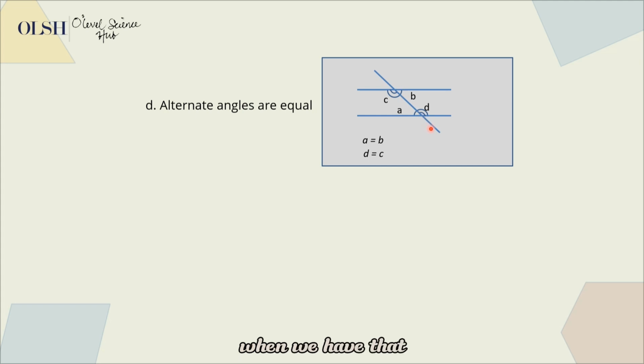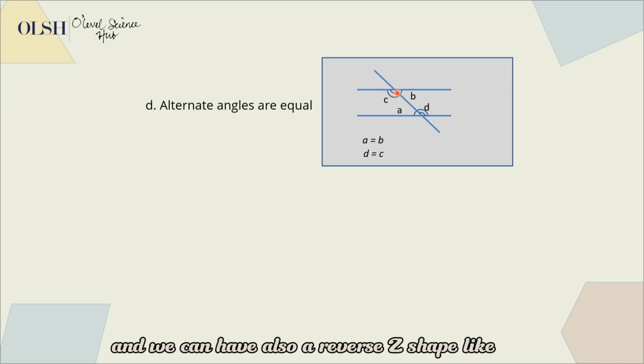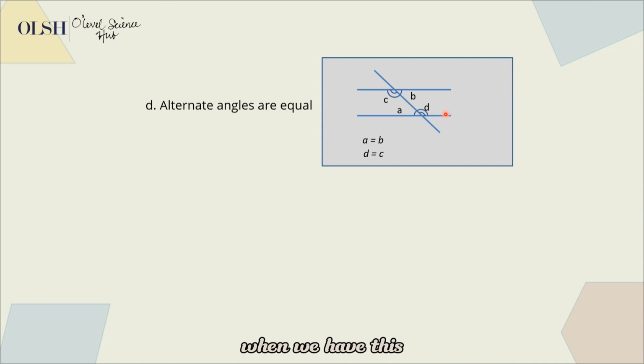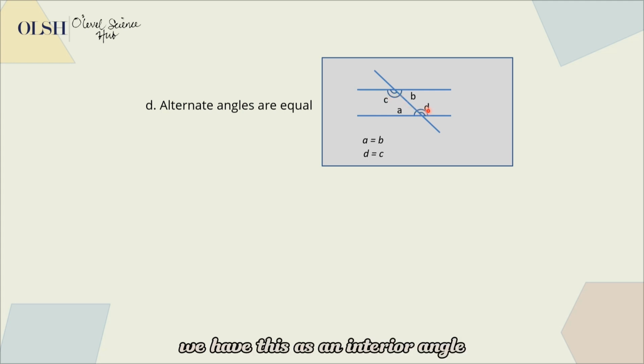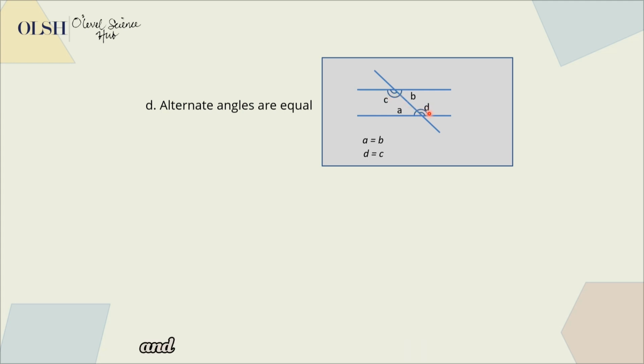When we have that, the next thing we do is we look out for a Z shape. We can see that this is a Z shape, and we can have also a reverse Z shape like this. When we have this, we then spot the interior angles of that shape. So if we are considering this shape, we have this as an interior angle and this as an interior angle, and so these two interior angles are equal.